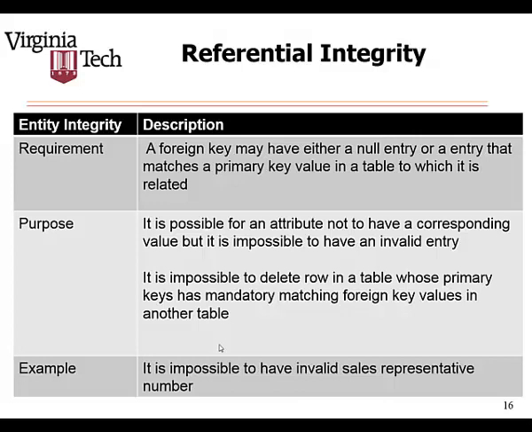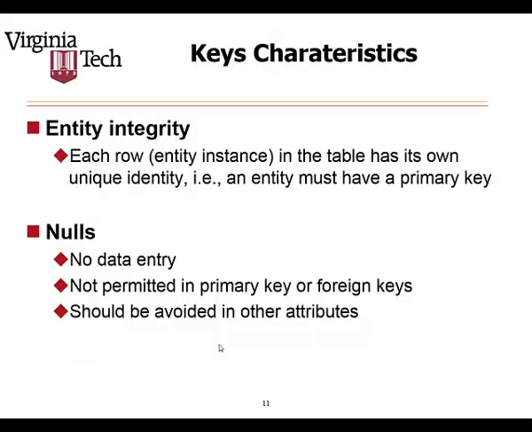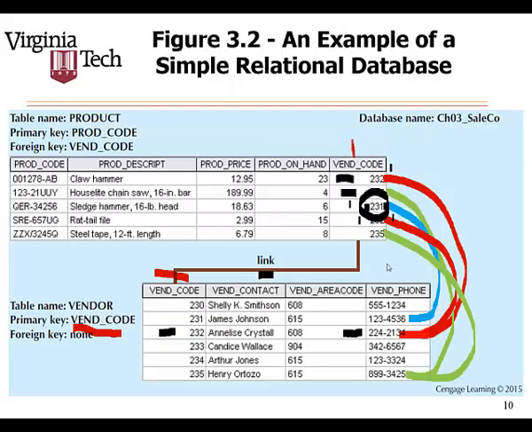Referential integrity is a little more interesting. There we are looking at the idea that once we've used a primary key value as a foreign key value, once we've taken the key of vendor and stored it as a foreign key in product, we say that now the foreign key in product refers to the instance of the vendor identified by vendor code 235.